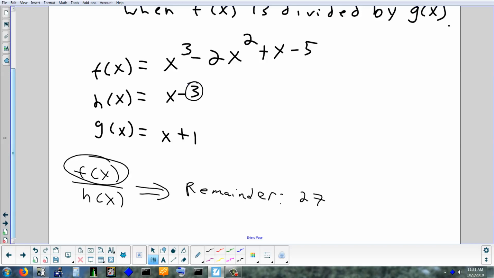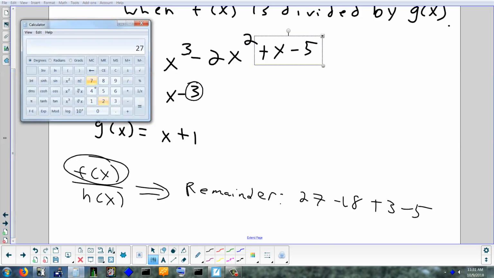Negative 36. So 3 squared is 9, times 2, 18. Plus 3, minus 5. Once we do that out, that is our remainder. So 27 minus 18 plus 3 minus 5. So that's a remainder of 7.